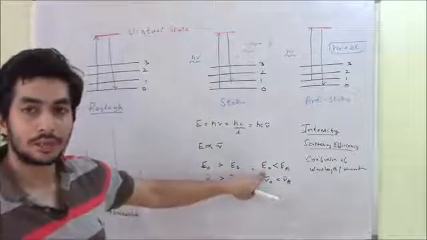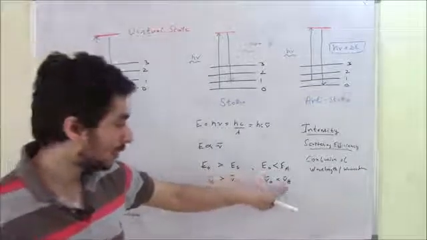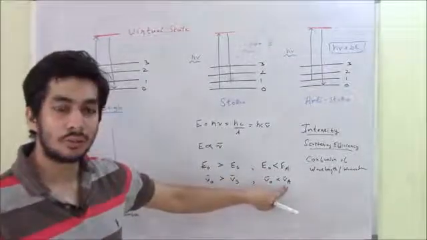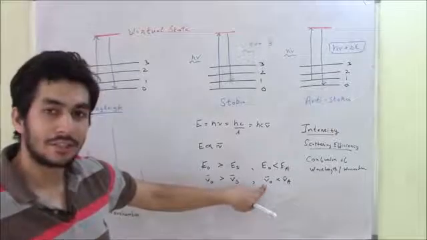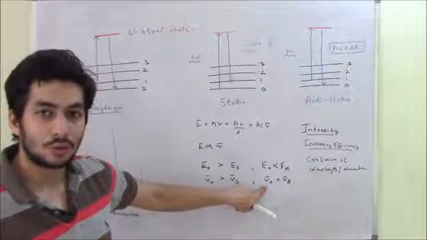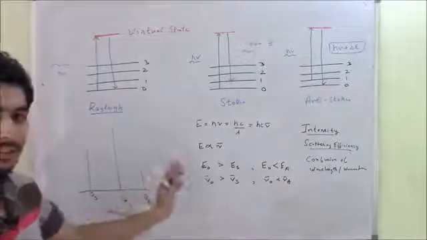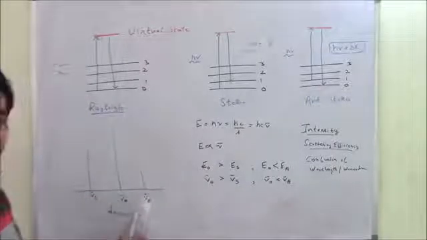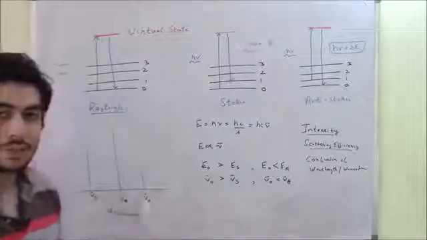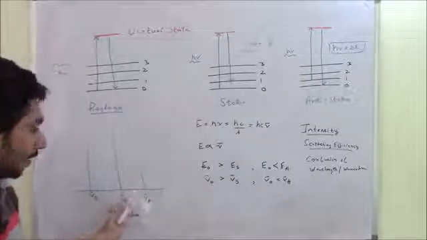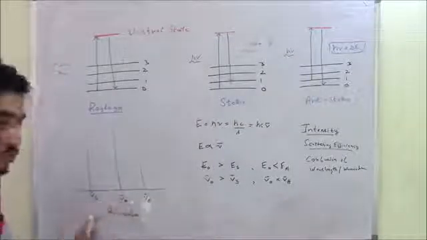That means the wave number of the anti-Stokes photon is going to be greater than the wave number of the Rayleigh photon. That is why νA comes on the right hand side, then we have ν naught in between, and then Stokes on the left side.